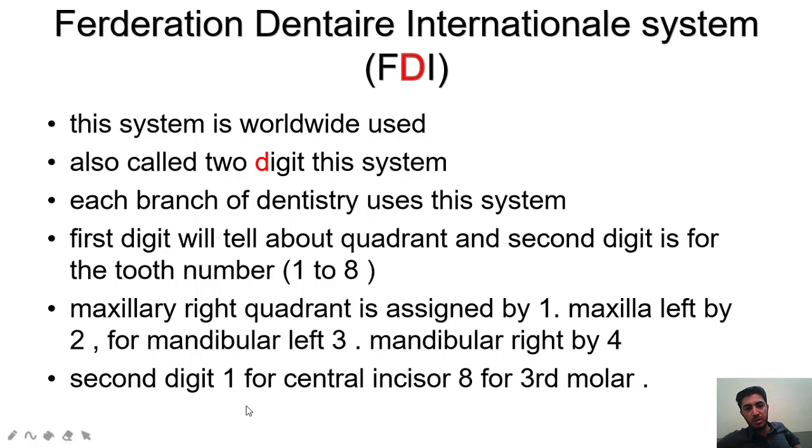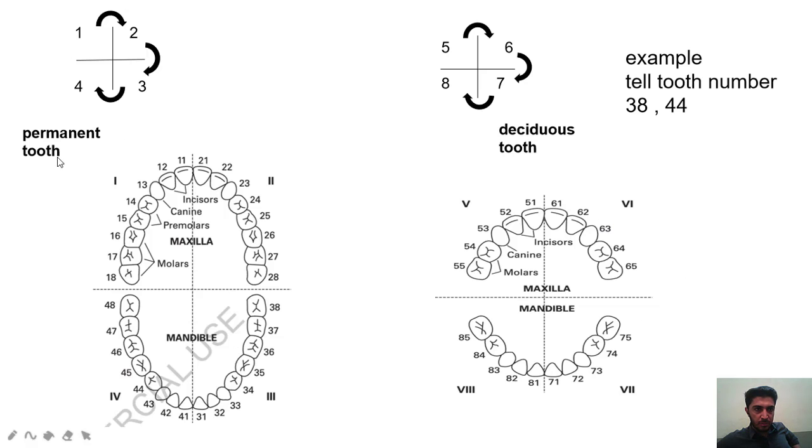The second digit starts from the center and goes toward the back, from 1 to 8. So for the permanent dentition, 1, 2, 3, 4, the first digit tells you which quadrant it is: maxillary right, maxillary left, then the third is the mandibular left side, and the fourth is the mandibular right.